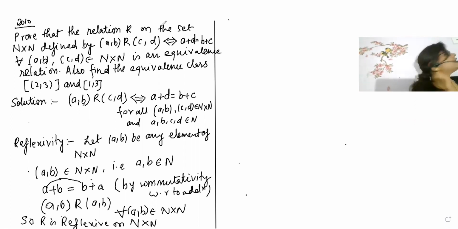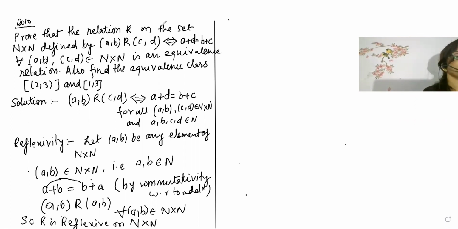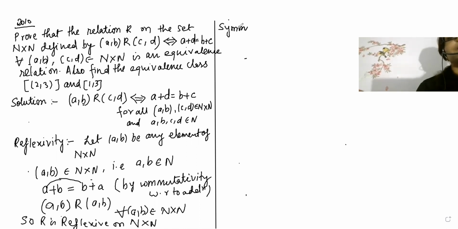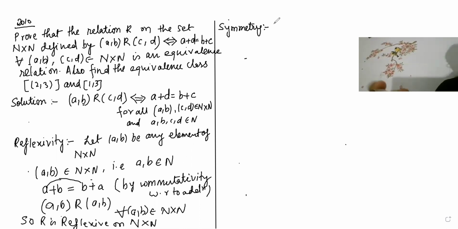So now, beta, we will start the next one, and that is symmetry. The symmetry condition is already given, with A, B, C, D there. If you do it the other way around, it will come the same. So we just have to make the statement there. So you check the symmetric condition. For symmetry, you will say, let two elements A comma B and C comma D belong to N cross N. That is what we always say.